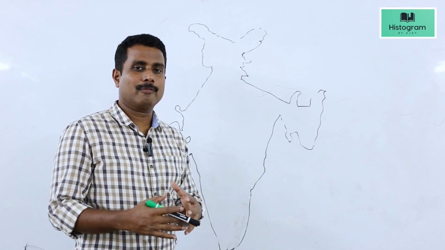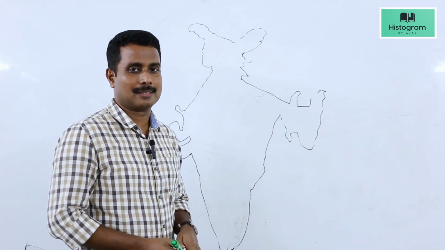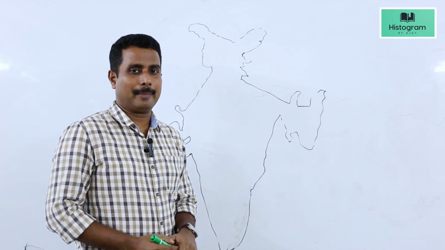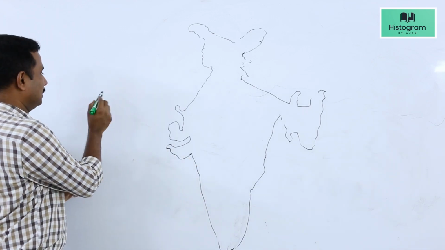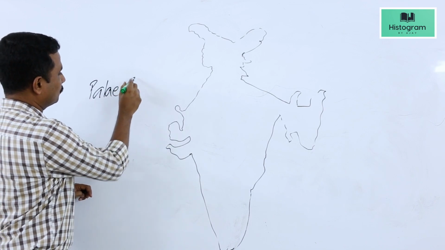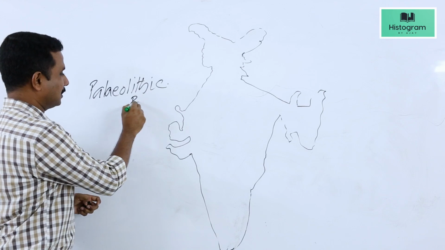In this discussion, we will be combining geography and chronology, as we discussed in the last class, to understand historical development in a systematic manner. So the earliest period is known as the Paleolithic period.